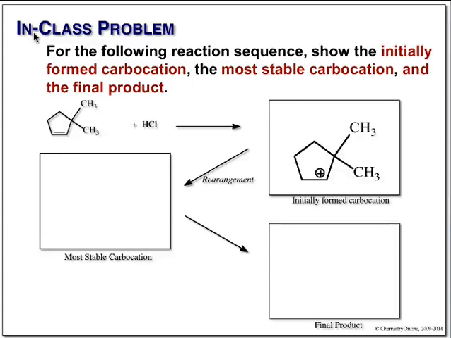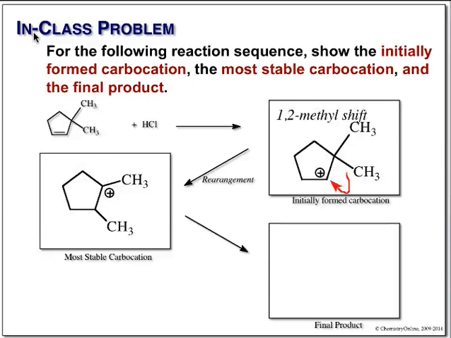Now, we can't do a hydride transfer here, but just like hydride can slide over, here an entire methyl group is going to slide from one carbon to the other. And that's going to go from our secondary carbocation to a tertiary. So, we would show it something like this.